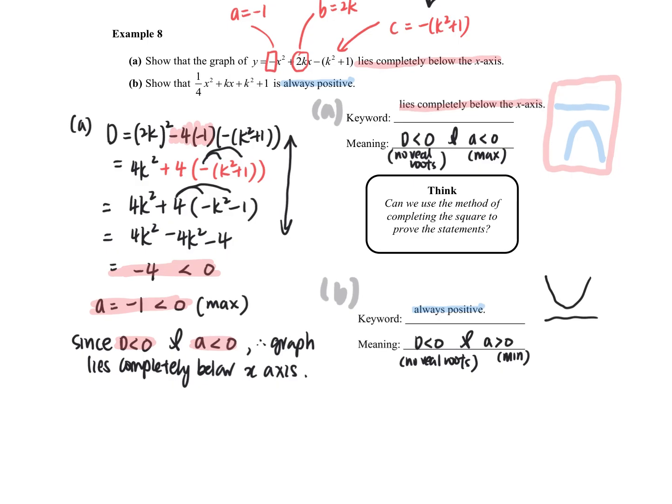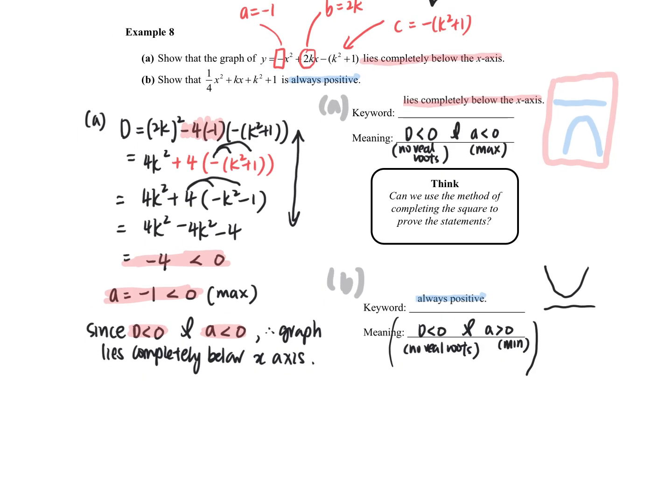Okay, B, you can do it two ways. Either you prove it by completing the square way, show that the whole thing is always positive, or you also use this method. So let's do that also. Discriminant is B square minus 4AC.